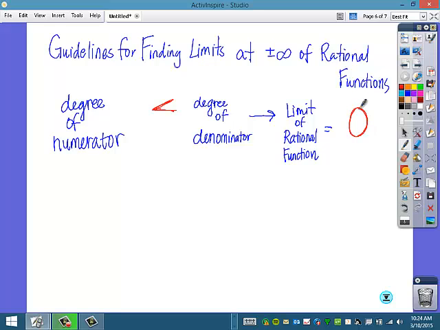If the degree of the numerator is equal to the degree of the denominator, then the limit of the rational function is just the ratio of the leading coefficients.